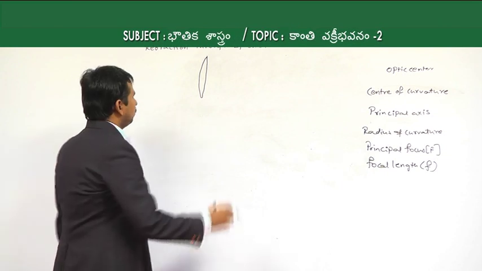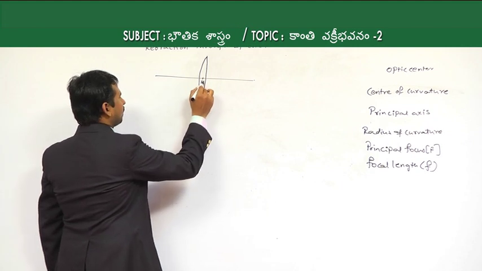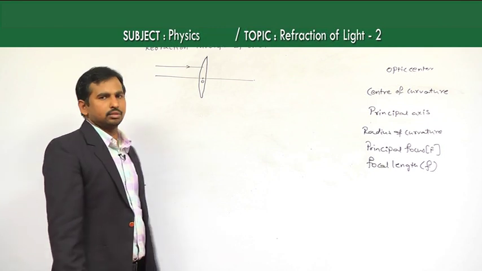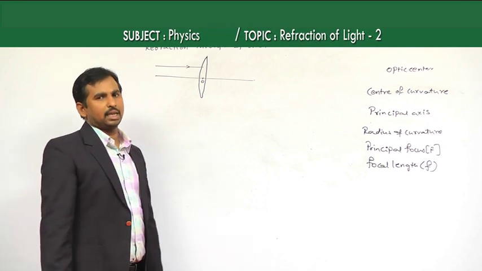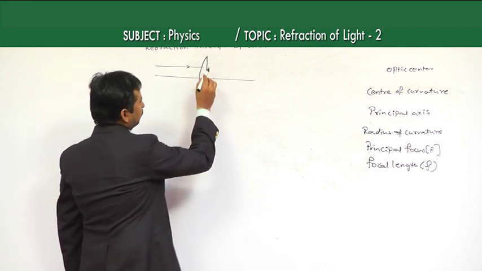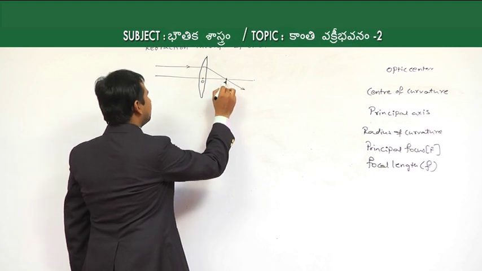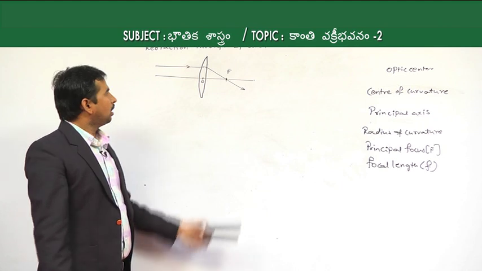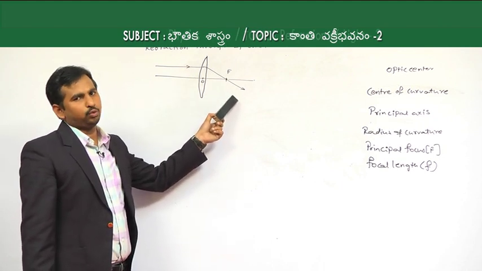Now if any light ray you choose is passing parallel to the principal axis like this, after refraction the light ray passes through the principal focus, like this.